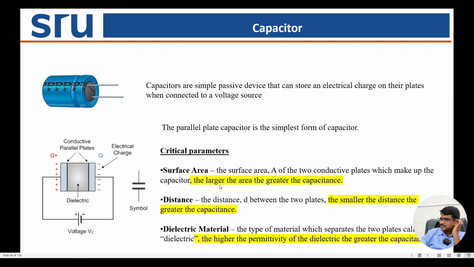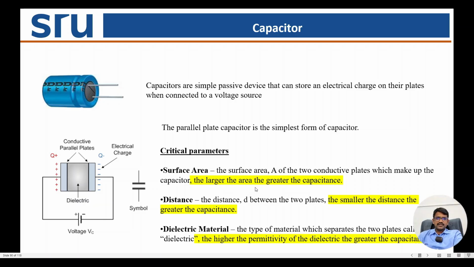The capacitance of a parallel plate capacitor depends on three things. The first one is surface area, the area of the two conductive plates which make up the capacitor.